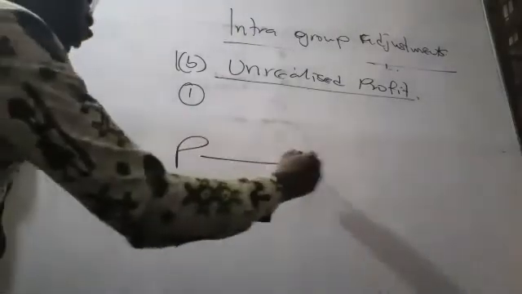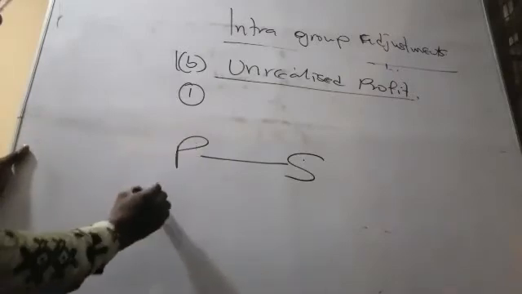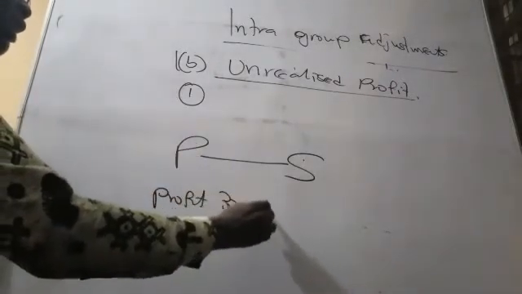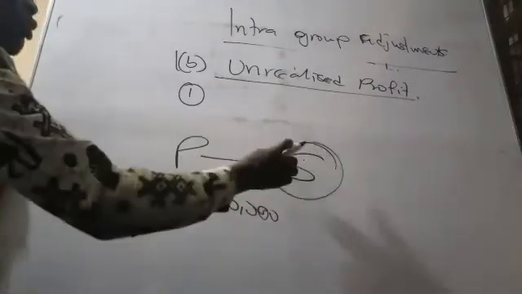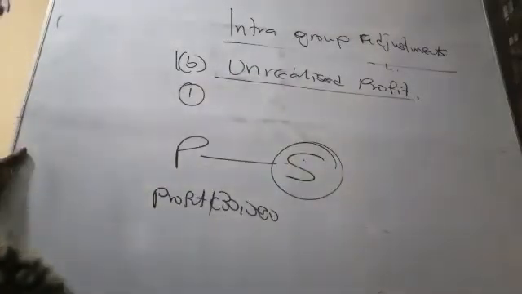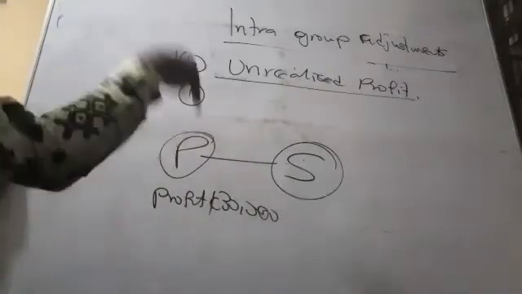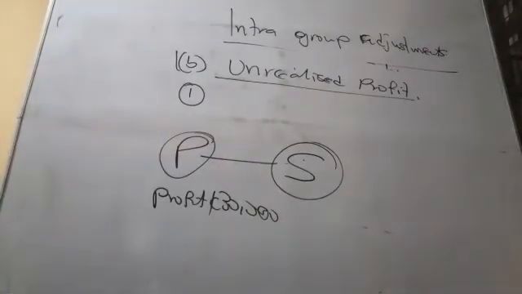So the parent will sell something to the subsidiary, recording a profit of 30,000 Ghana cedis. If the subsidiary has not been able to sell these goods out, that profit the parent has made on that sale is still within the group, which must be eliminated.